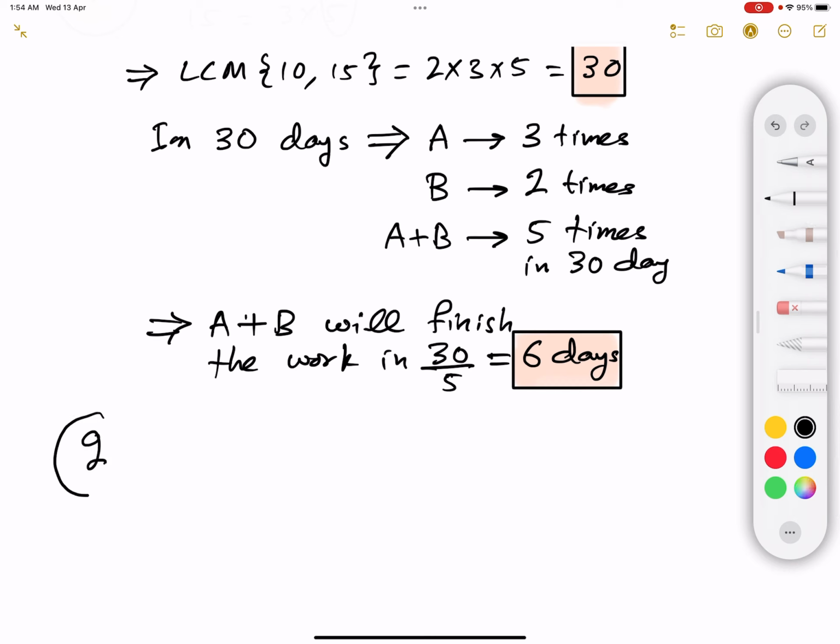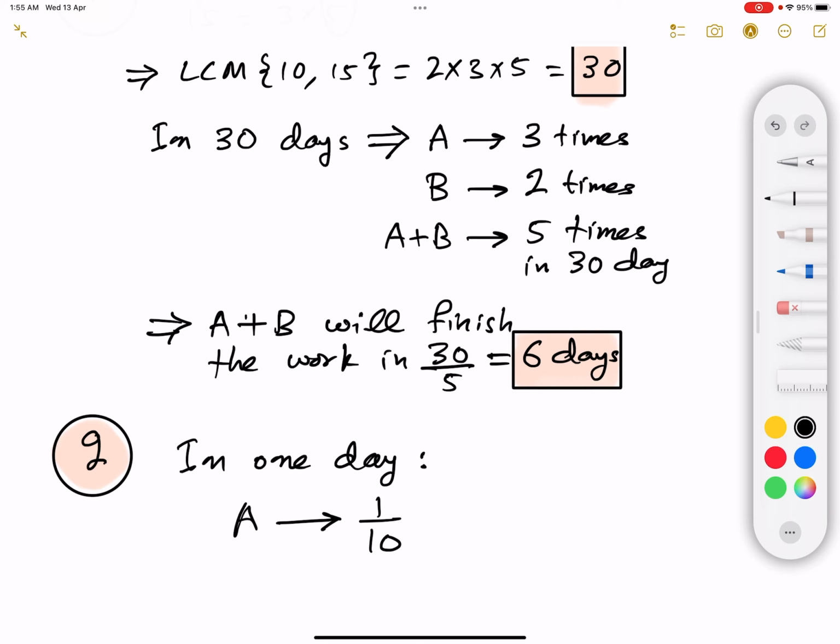Now the second way to solve this is to refer back to one single day. Instead of talking about 30 days, which is the least common multiple of the two numbers, we can talk about 1 day. In 1 day, A would finish, since it takes him 10 days to finish the work, 1/10 of the work.